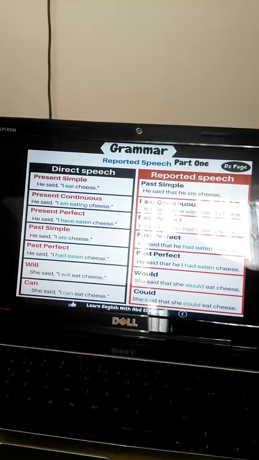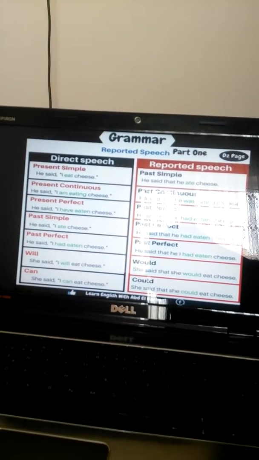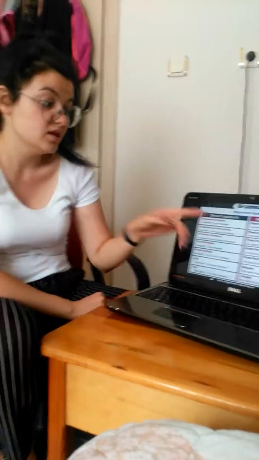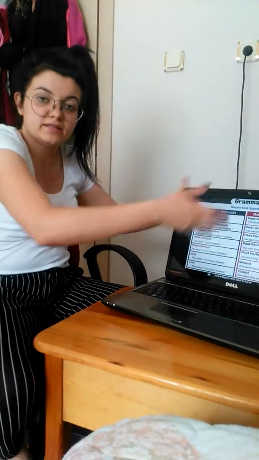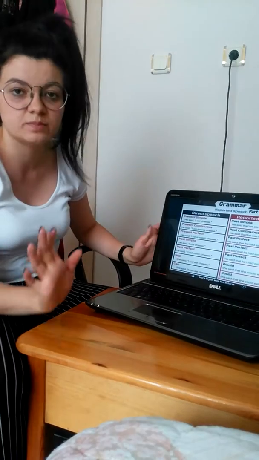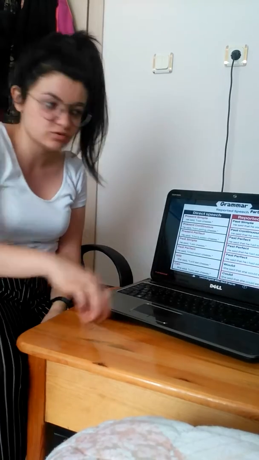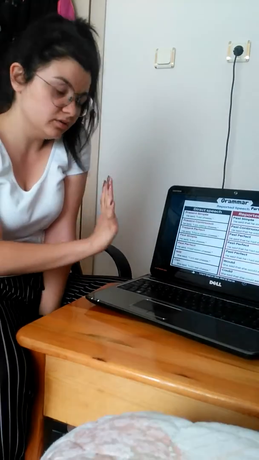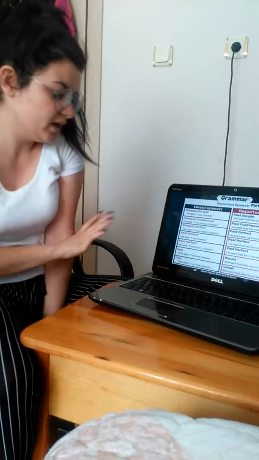So there are some example sentences here. He said, "I eat cheese." He said he ate. Simple past. Present continuous, past continuous. We have to practice to learn how to use these grammar rules. If we use our grammar, it will be easier for us. I know it's a little difficult for us.